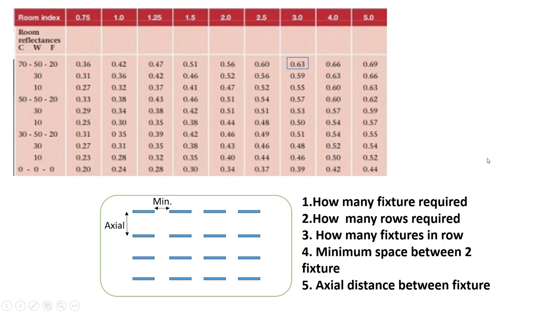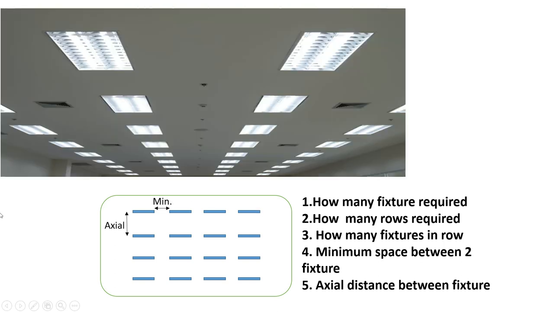Now we find how many lamps or fixtures we require, but we don't know where to place them. Suppose our selected room requires 50 lamps. I cannot connect each lamp right next to another, so I have to keep some distance between the lamps.